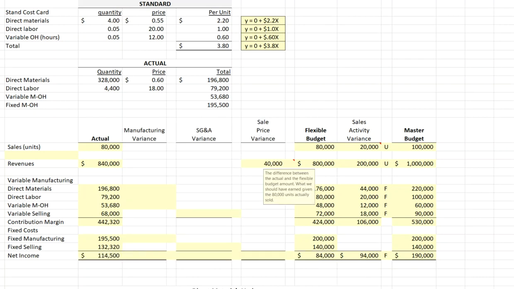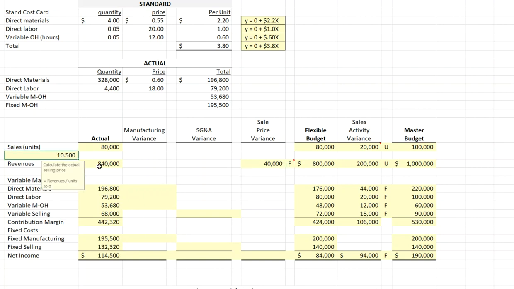First, let's look at our sales price variance. Our sales price variance or sales revenue variance is $40,000. We would have expected to have $800,000 in revenues. We ended up with $840,000 in revenues. Of course, we would say that's a favorable condition, and we can see that's arising from a difference in our selling price.